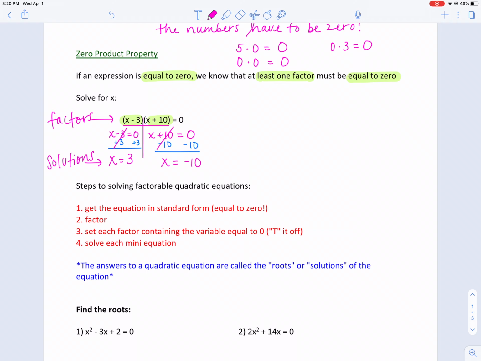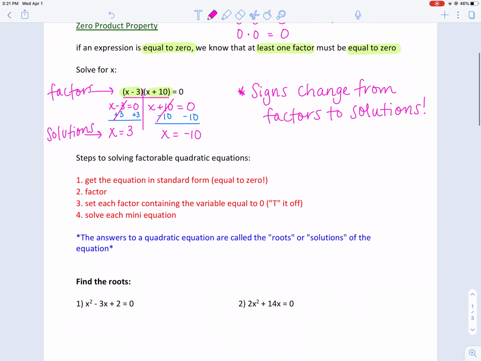So take note, very, very important, that your signs change from your factors to your solutions. Make a note of that. Signs change from factors to solutions.